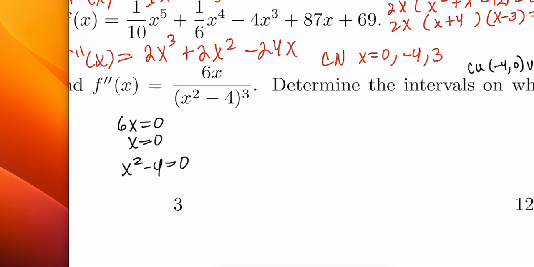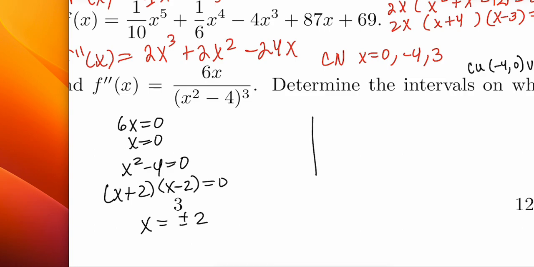We'll have to include the power in the chart, but we won't include it otherwise. That is a factorable quantity, or if you take the square root, you would get a plus or minus. However you slice it, we have positive and -2. So we're going to put on our number line 3 values, -2, 0, and 2, in number line order.